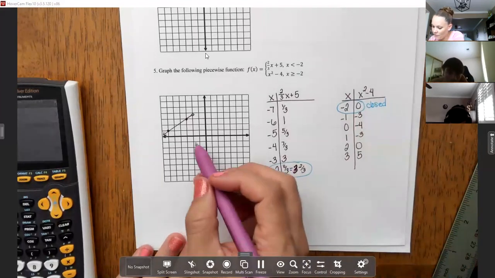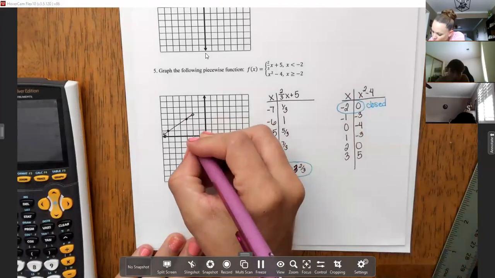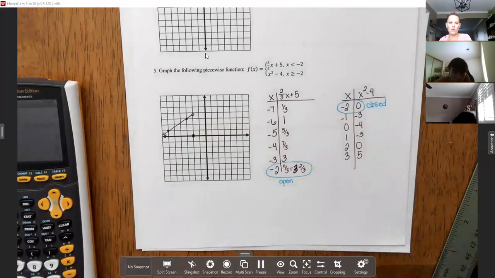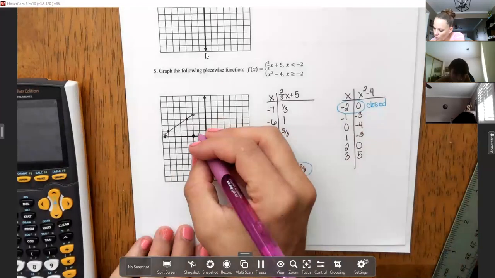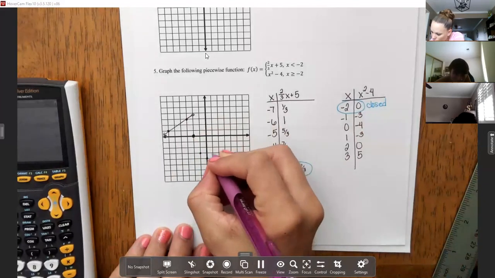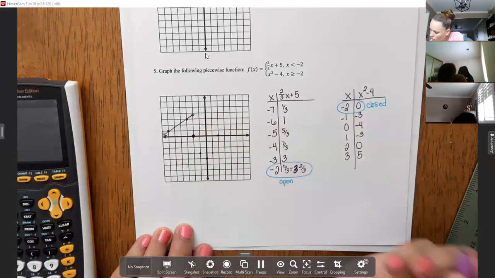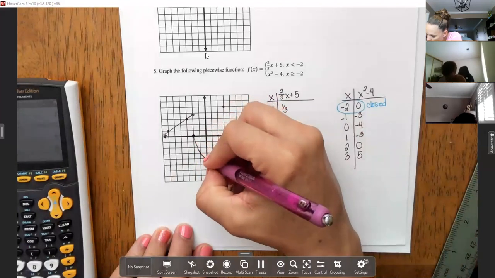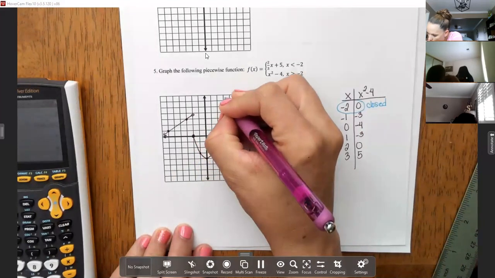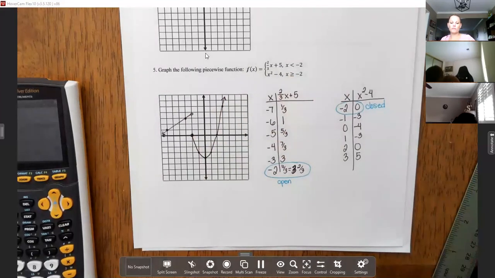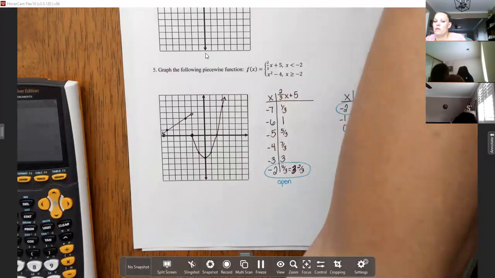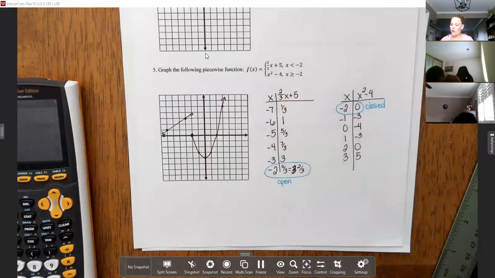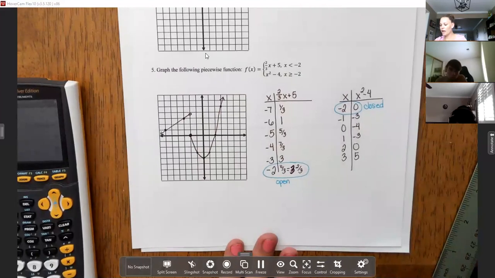So when you plot the point -2, 0, it's a closed circle. And so that's what this piecewise function looks like.